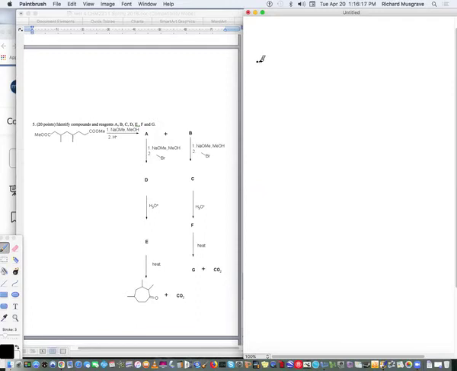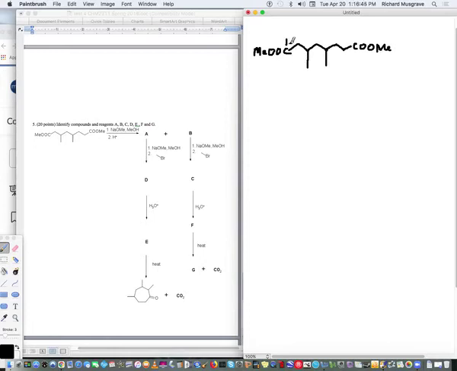Now what I like to do, I'm going to go ahead and do this here. I did this earlier when I went through these. Now from the outset, it should be clear to you that this is not a symmetric diester.